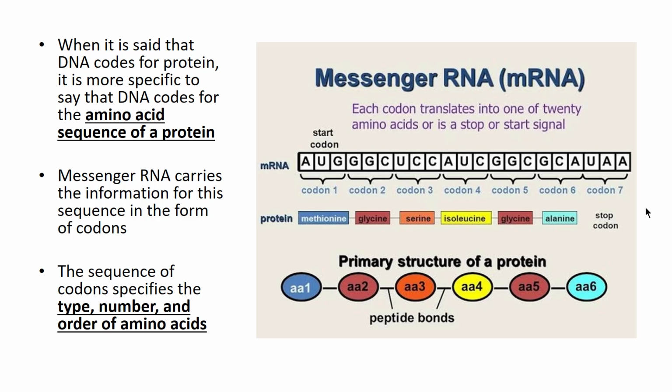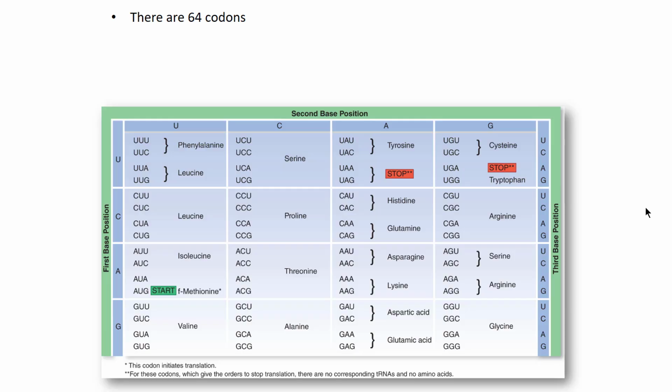Very, very interesting stuff. Now, codons themselves consist of 3 individual nucleotides, A's, U's, C's, and G's, if we're talking about the RNA language. So remember that uracil replaces thymine.